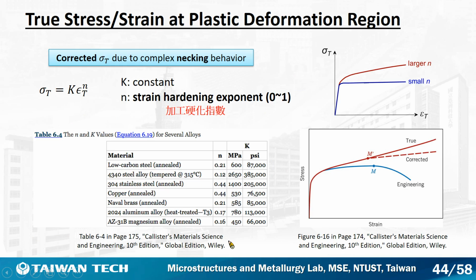And let's see the corrected true stress and true strain curve. Because of this complex necking behavior, we use a corrective equation of this one. N is the strain hardening exponent.